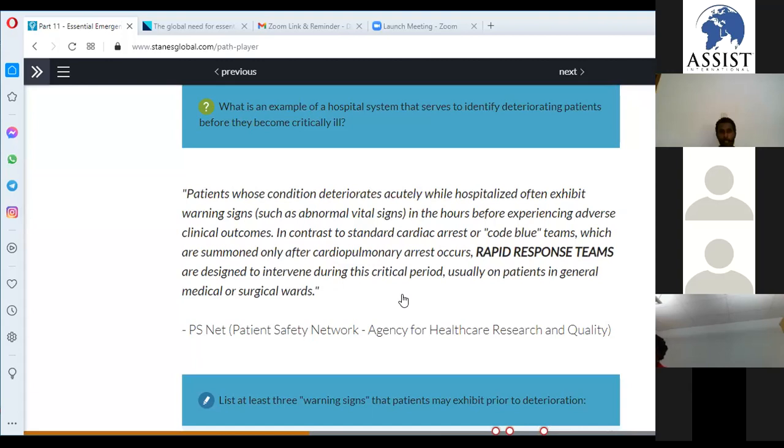Here, I want to differentiate this rapid response team from the code blue teams. In different hospitals, there are code blue teams which are called upon a cardiac arrest patient to give ACLS in the hospital. But these rapid response teams are not like that.